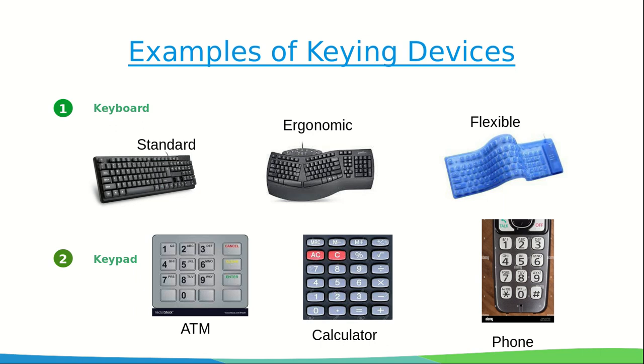So the one that you have on the laptop is not a keyboard but a keypad. You can also look at your screen. We have a keypad from an ATM machine. We have a keypad from a calculator. We have a keypad from a phone, and so on and so forth. So keypads are the same as keyboards, but at a reduced scale.